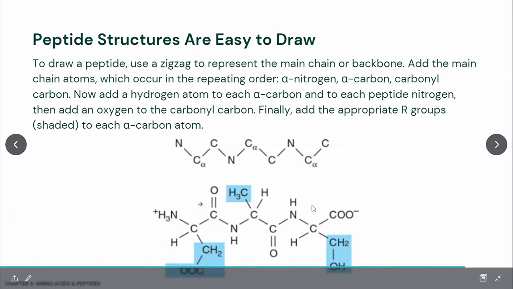This is the alpha carbon there. That carbon is this one. That's the carboxyl carbon and the amino group, and the CONH forms what you call your peptide linkage. Now here is another CONH linkage.